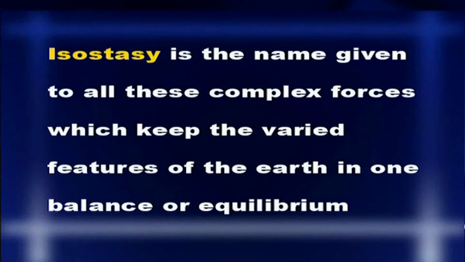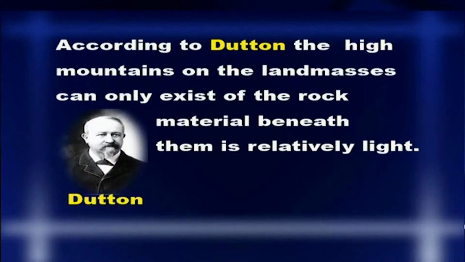Isostasy is the name given to all these complex forces which keep the varied features of the earth in one balance or equilibrium. The name was given as early as 1889 to this phenomenon by an eminent American geologist, Dutton.